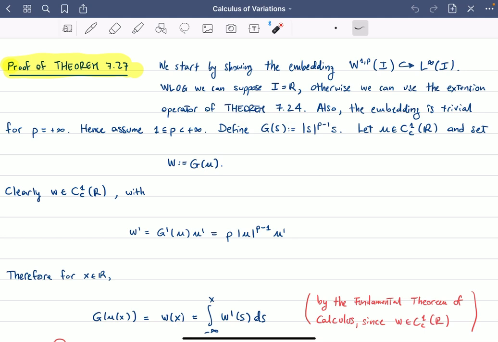And also notice that the embedding is trivial for p equal to plus infinity, because in that case the W^{1,infinity} norm of u is just equal to the L infinity norm of u plus the L infinity norm of u prime, and this is clearly greater or equal than the L infinity norm of u, and so the embedding holds with the constant c equal to 1.